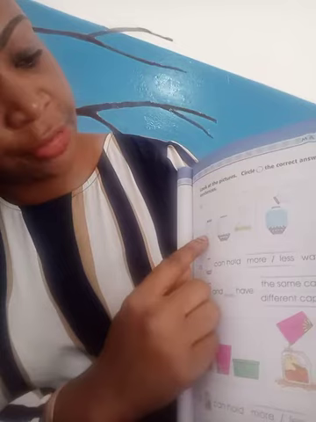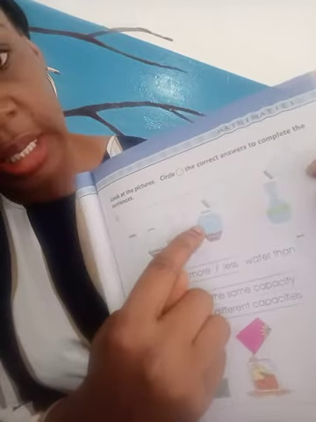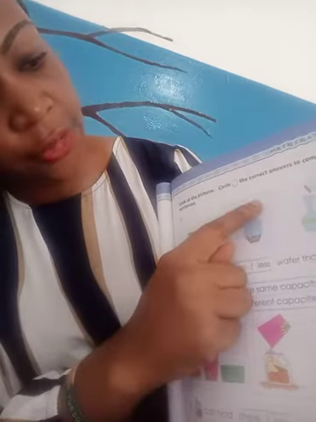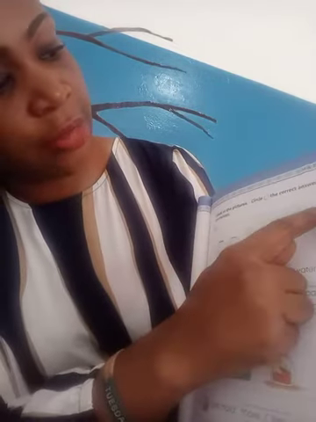You have 3 different containers, and you can see this one emptying water inside it. So one of these can fill this, and here also you have one of these filling this.